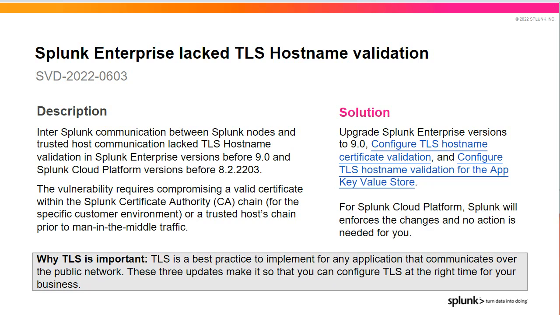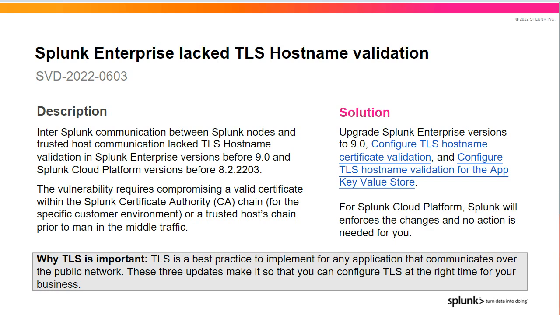So for a client connecting to a server, in addition to validating if the server's certificate is valid, basically the expiry and the authenticity, we also validate that the host name the client is connecting to matches the host name embedded in the TLS certs, CN or SAN field.